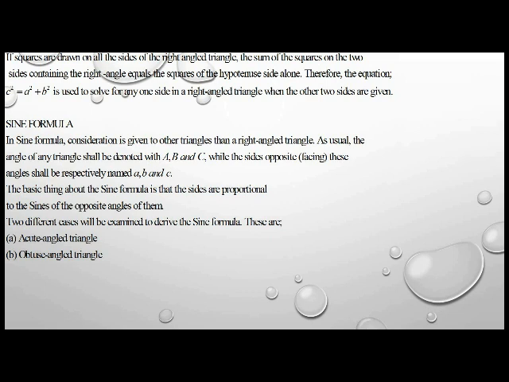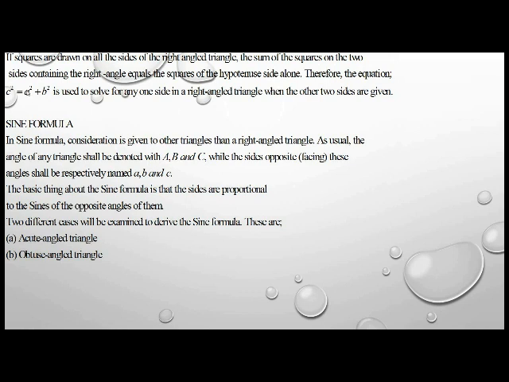Now, let's assume you have to look for the opposite side. It's just for you to make A squared, which is the opposite side, the subject of the relation, which will give you A squared equal to C squared, the hypotenuse squared, minus B squared, because you are going to transfer the plus B squared across the equality sign to meet the C squared, and by the time plus crosses the equality sign, it turns to minus.